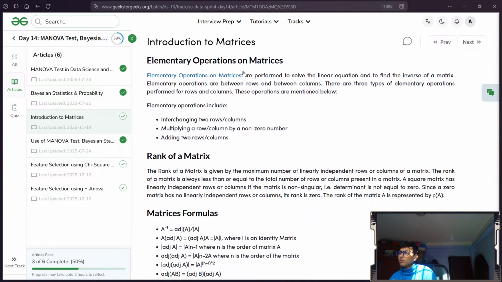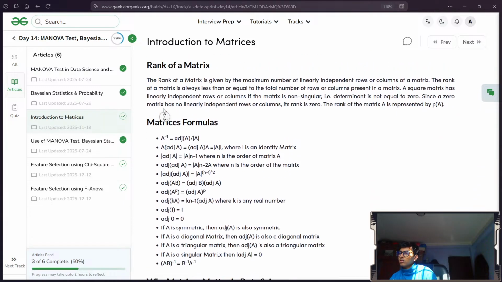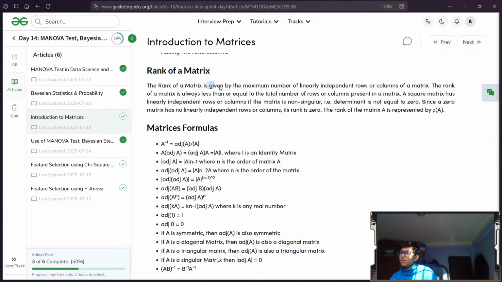Elementary operations of a matrix: interchanging two rows. Elementary operations include multiplying a row or column with a non-zero number, and adding two rows or columns. Rank of a matrix. Rank of a matrix is given by the maximum number of linearly independent rows or columns of a matrix. The rank of a matrix is always less than or equal to the total number of rows or columns present in a matrix.